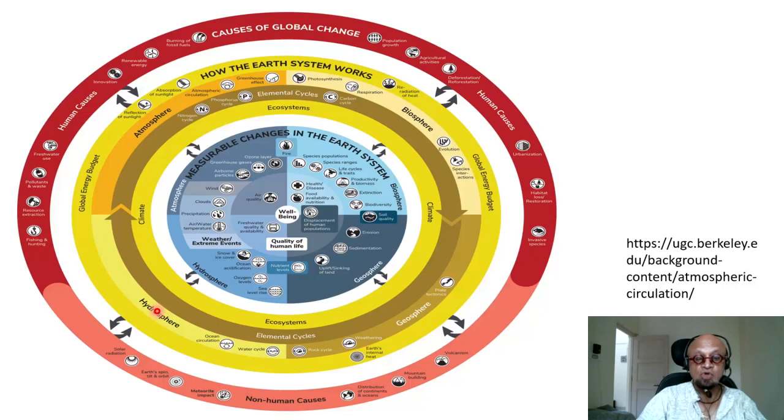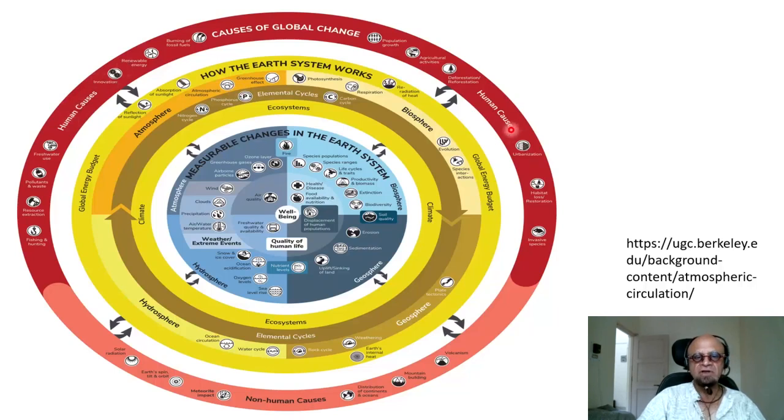So on YouTube, unless you put it on a big screen, you may not be able to see it at all. So just see that it's going from outside on causes of global change with many little figures with little words.